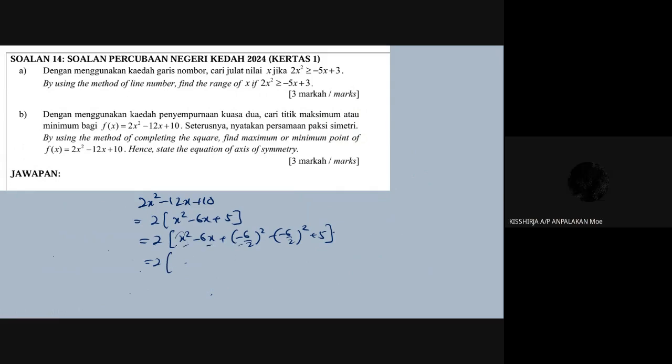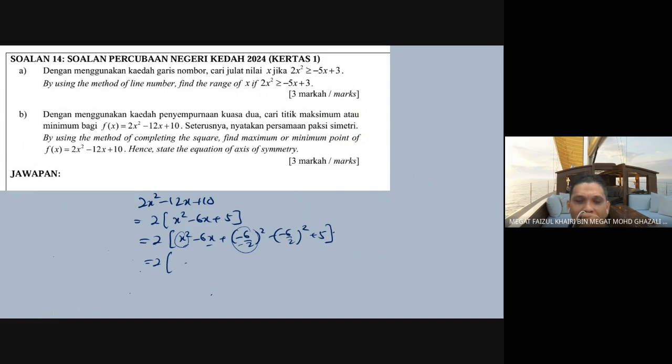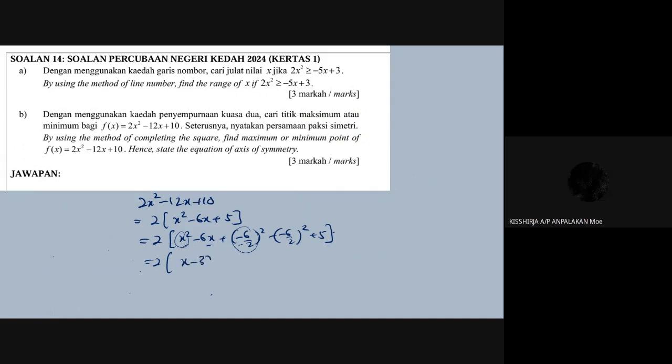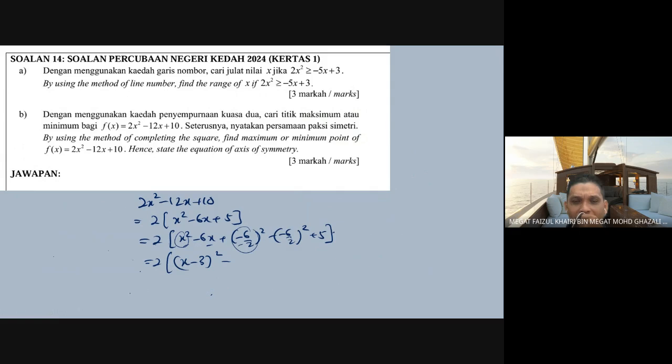We just look at this x and negative 6 over 2. Then x minus 3 squared. Negative 6 over 2, negative 3 squared, 9, plus 5. Then we get 2 times (x minus 3) squared minus 9 plus 5, which is negative 4.